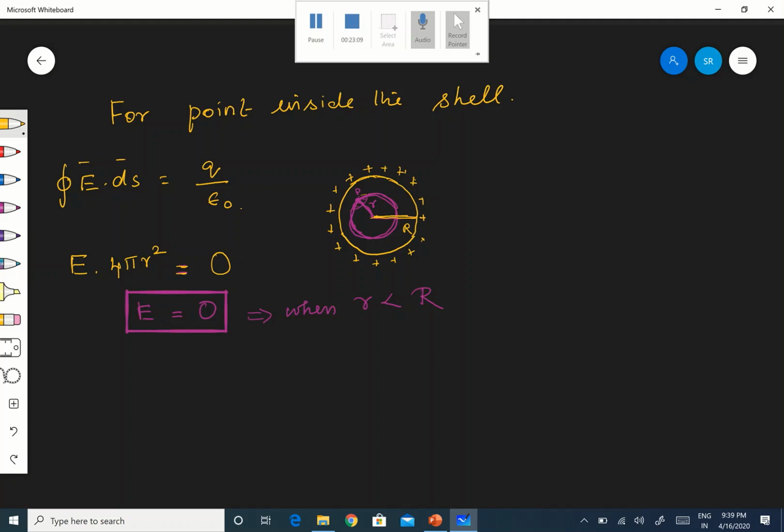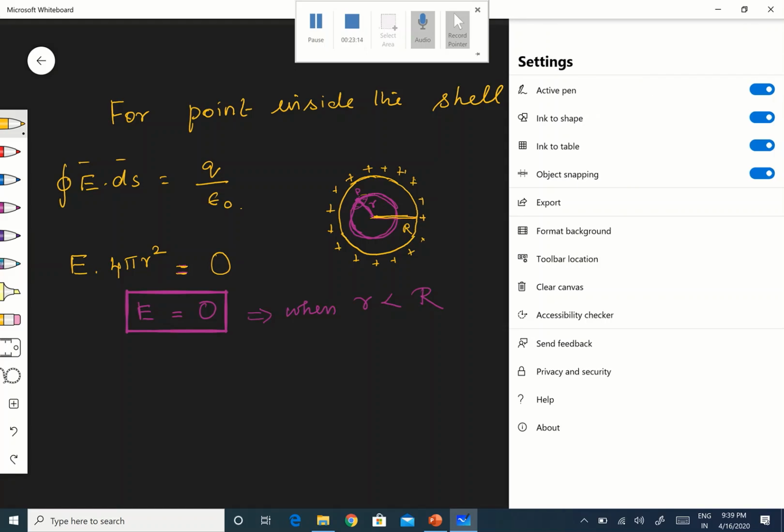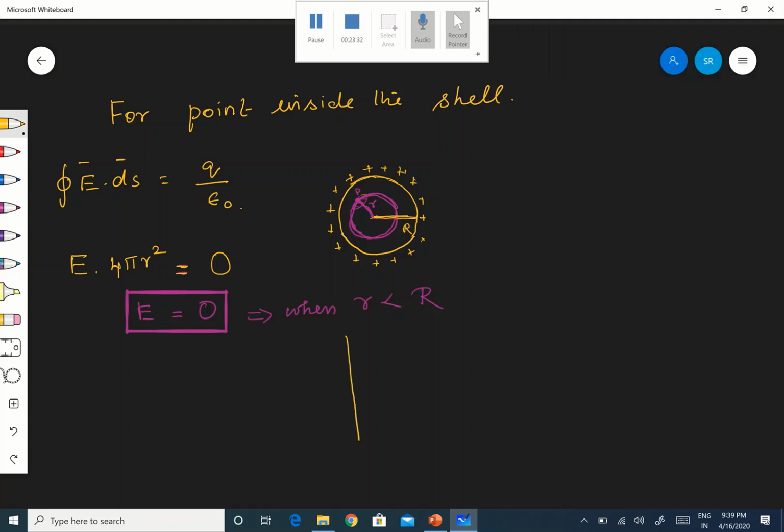What graph? The variation of electric field intensity with the distance from the center of the uniformly charged spherical shell. This is the x-axis and this is the y-axis.